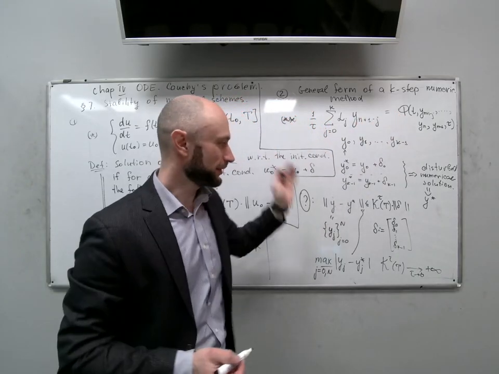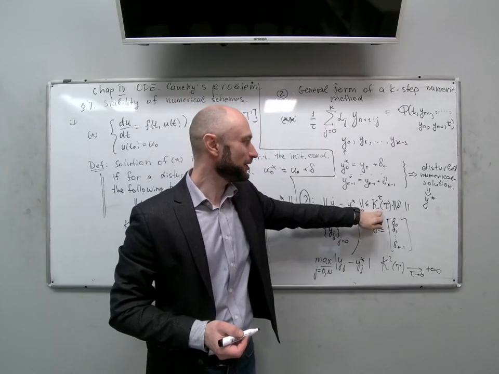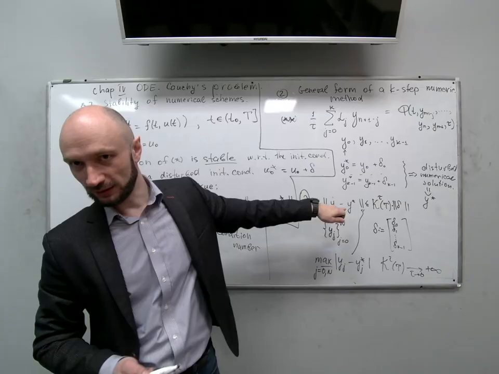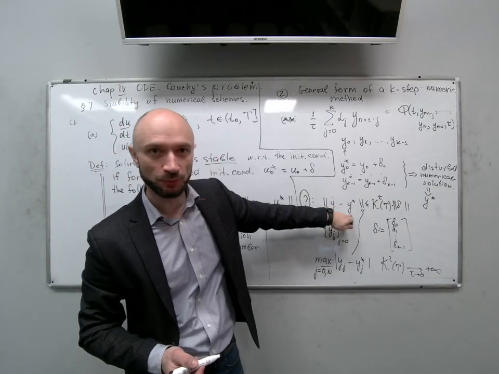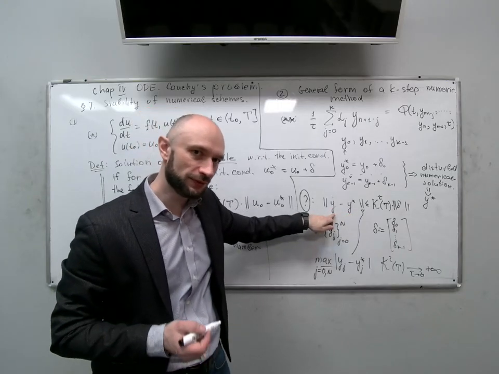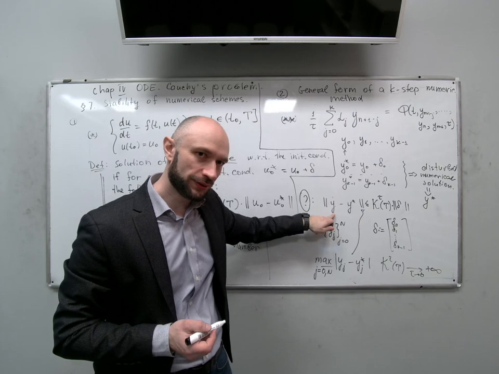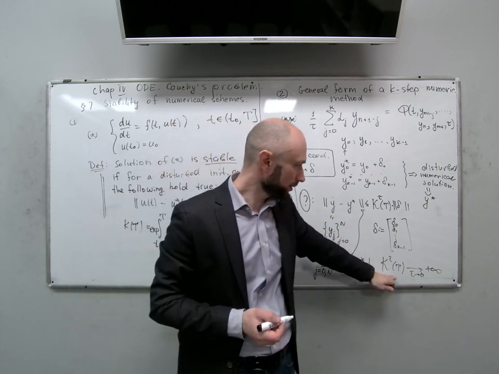Theoretically, it can happen. In this case, this relation will not guarantee that the numerical solution of the disturbed problem is close to the numerical solution of the original differential problem. So this we don't like.